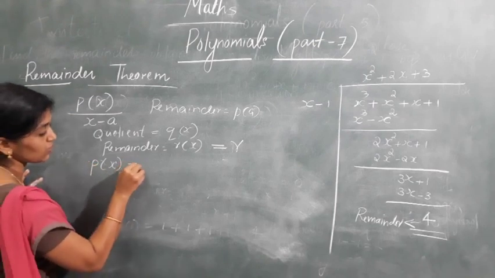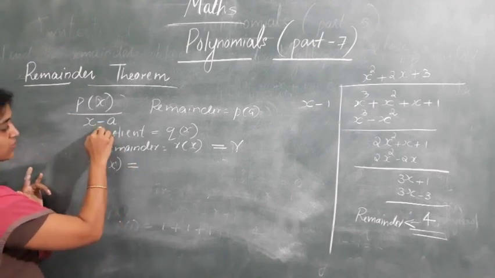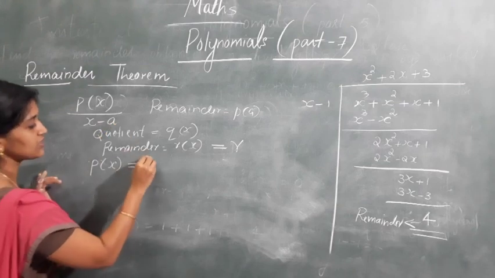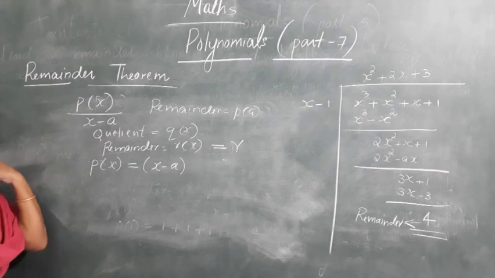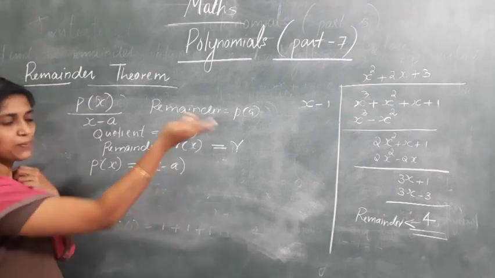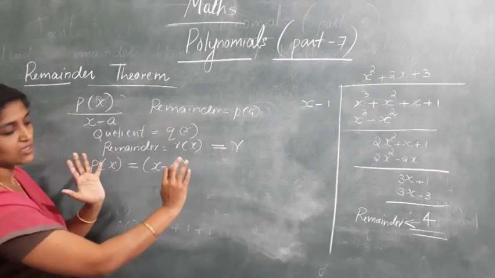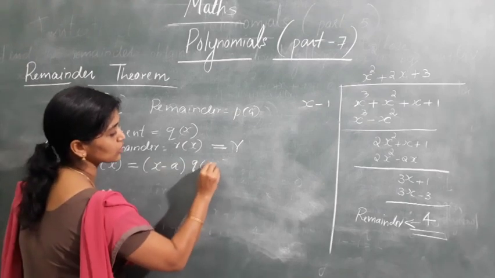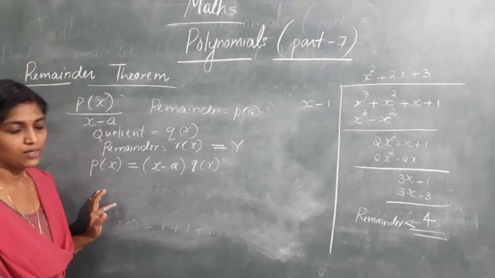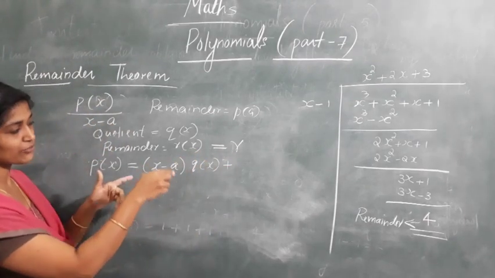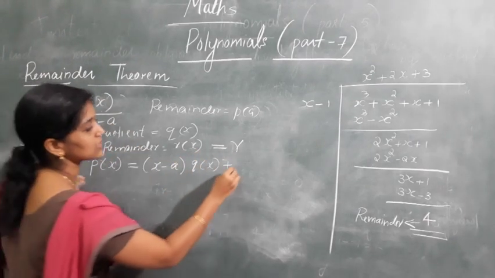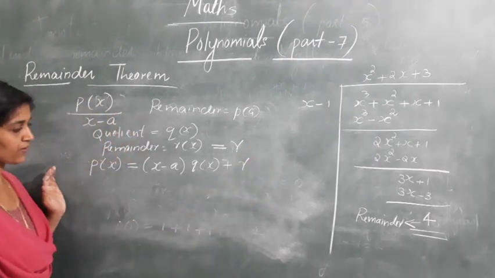P of x is equal to the divisor, which was x minus a, isn't it? Then we know it had a quotient. We don't know the quotient, and if there is a problem we can get it, but we are proving the theorem. So we take the quotient as q of x itself, plus the remainder r. Since it is a constant, we simply take it as r.